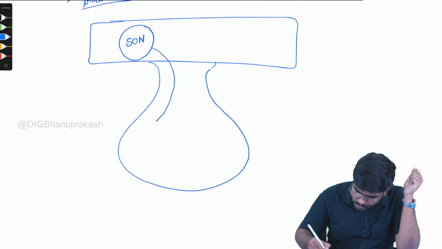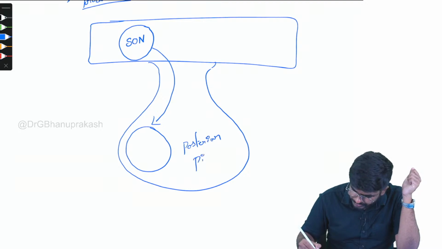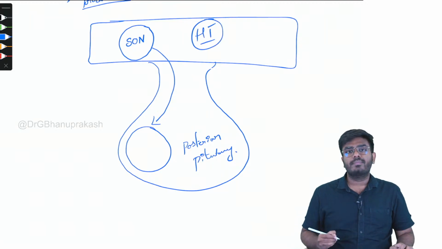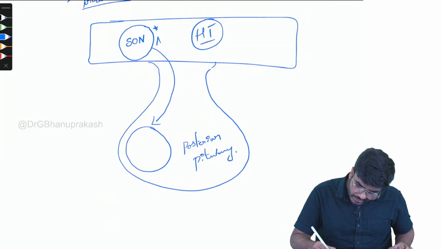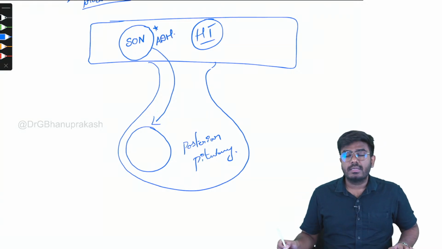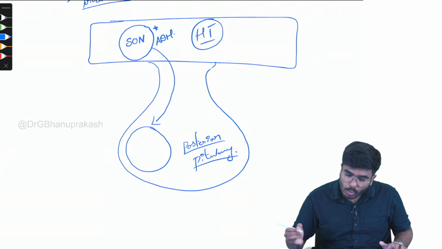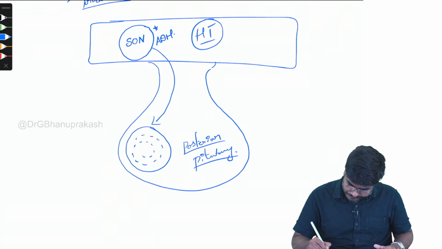From the supraoptic nucleus, the antidiuretic hormone is coming to the posterior pituitary, where it gets stored. Here is your antidiuretic hormone.